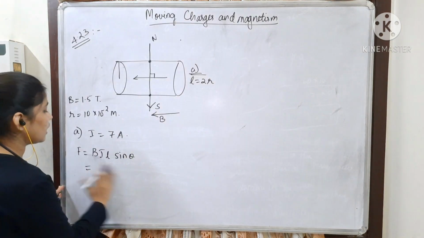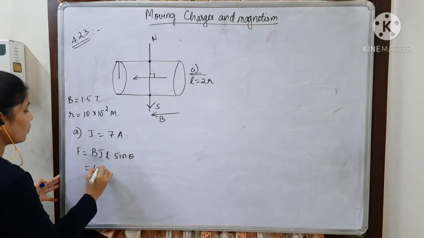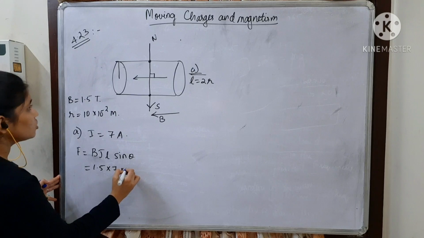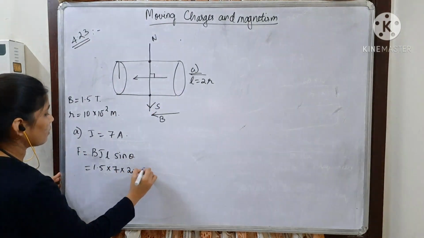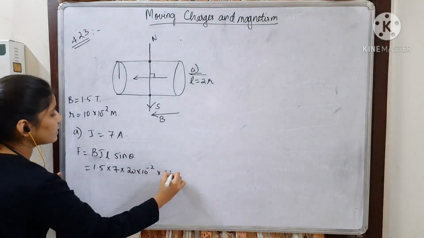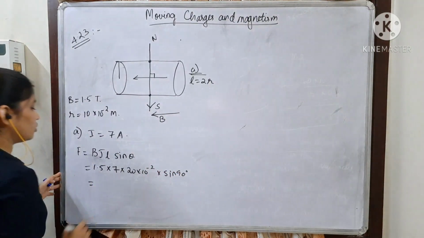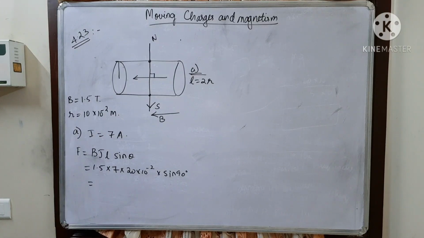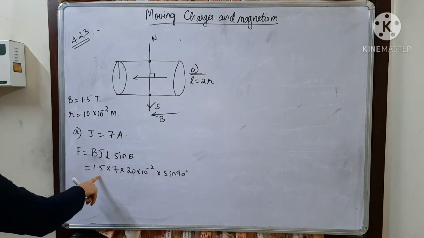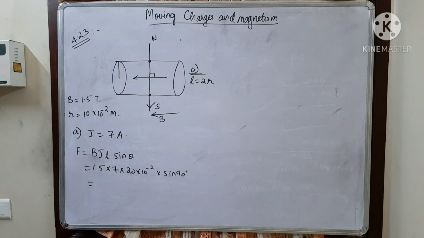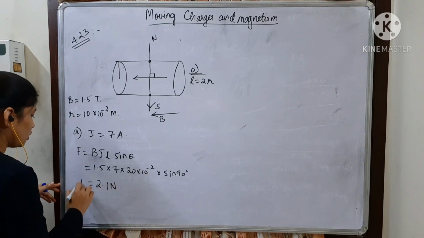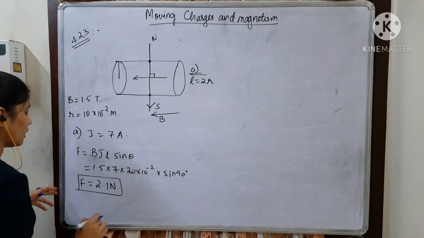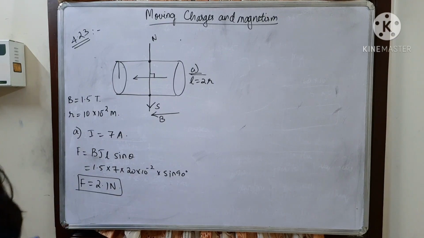Substituting the values, I have 1.5 into 7 into the length, which is 20 into 10 to the power minus 2 meter, into sine 90 degree. 7 into 2 is 14, and that into 1.5 will give me totally 2.1 Newton. So this is the force acting on the wire.